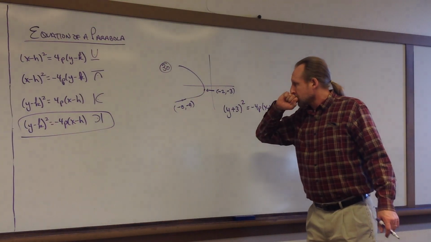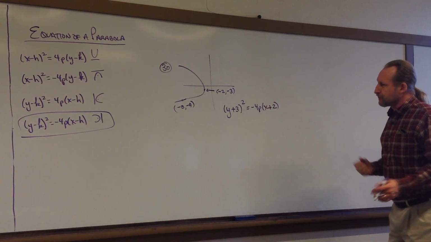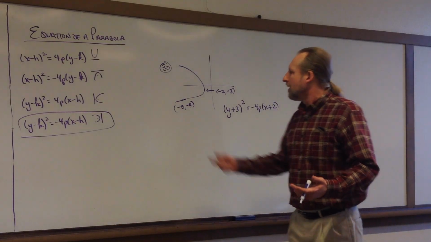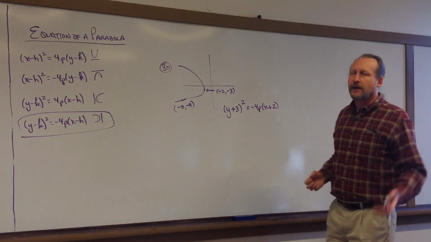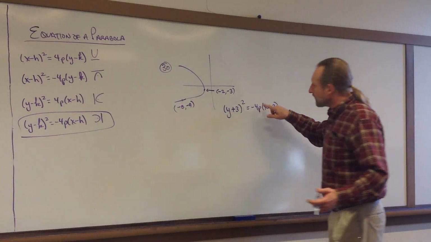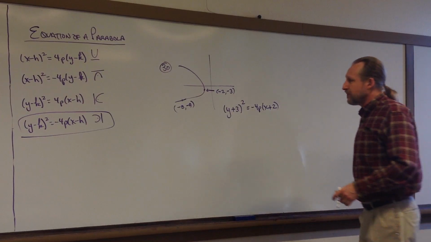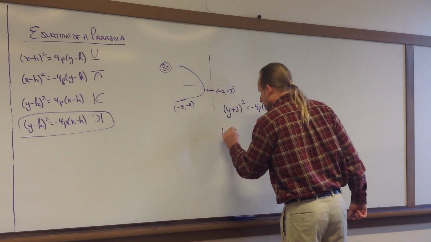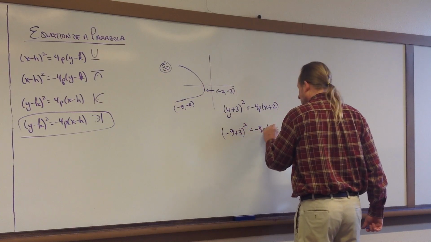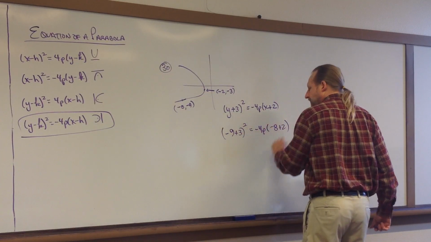Now, just like when I was just doing this with Math 70, finding the equation of a line, you find the slope, plug in your x and y coordinates, and you can find the y-intercept. Same thing here. Plug in these x and y coordinates, and that's going to allow us to find the value of p. y is -9, x is -8.